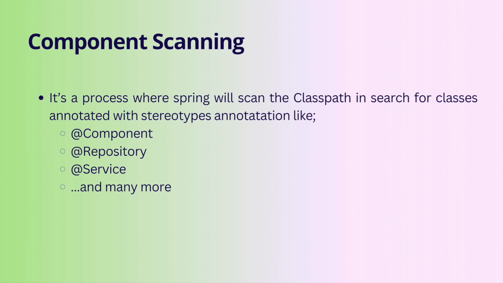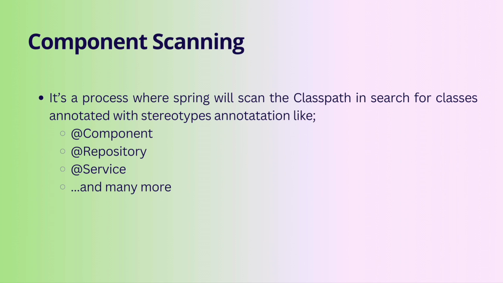Component, repository, service, and many more. So when you're using these annotations, whenever you are loading your Spring application, Spring will do component scan, and you can also define in which particular package these classes will be present.